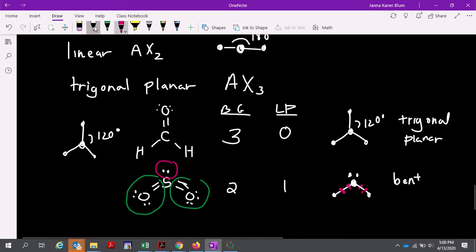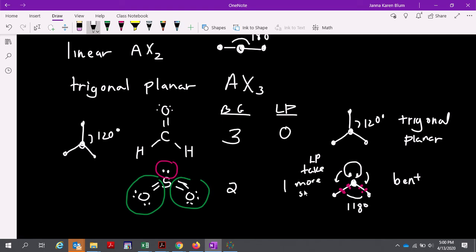So he likes to be a little greedy, and he takes up a little bit more space than a bonding group would take. And because of that, he kind of pushes this bond angle, which naturally would be 120, a little smaller. So my bond angle is 118 degrees because lone pairs take up more space. And so it squishes my bond angle a little bit. So it goes from 120 down to 118.